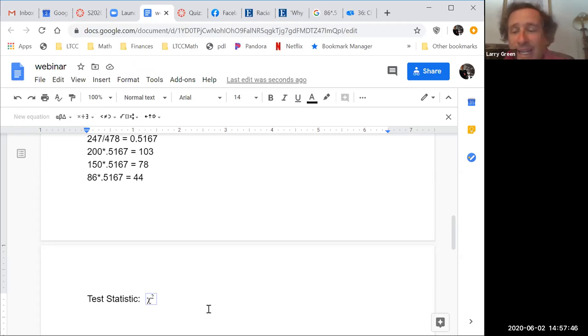I am not going to get into the details of why we call it chi squared, but as you might guess, there's a square going on in the calculation. I'll tell you that. So in fact, the test statistic is always positive because it's got a square in it. So the chi squared was equal to 6.18.